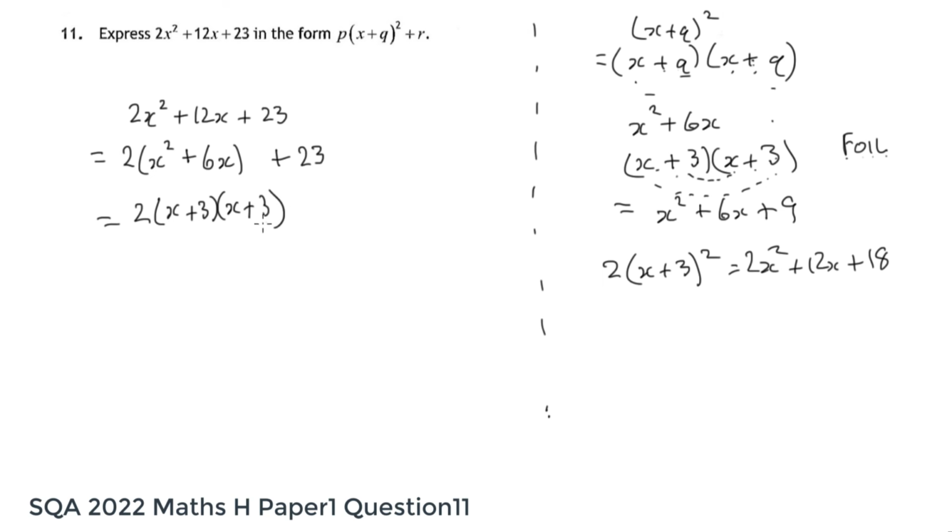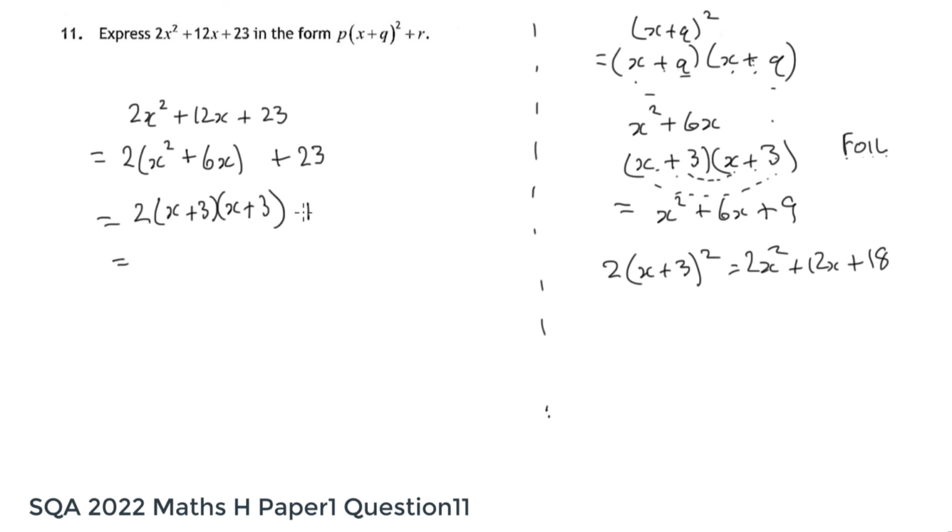So we're not there yet. 2 lots of x plus 3 all squared is not equal to that, because it's 2x squared plus 12x plus 18, and yet this has a plus 23 there. Well, how can we change a plus 18 into a plus 23?